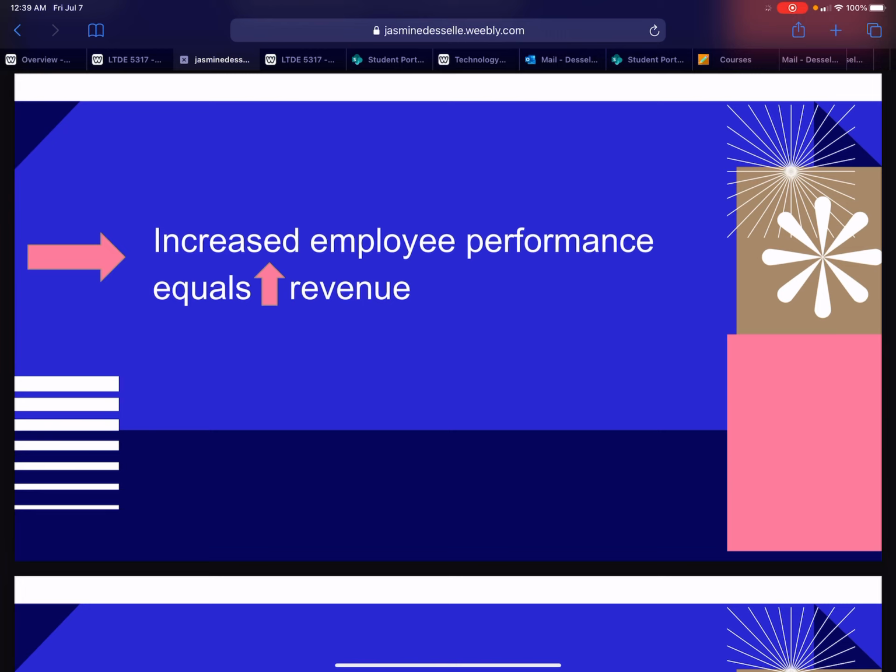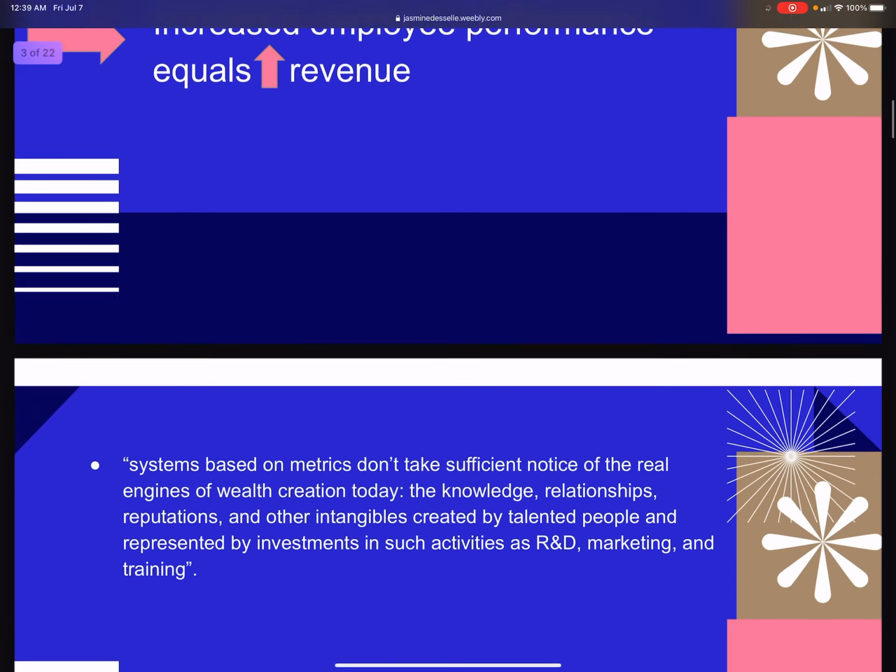Hypothetically speaking, I would present this to a company to persuade them into implementing these two frameworks into their employee training. So my selling point was driving revenue, and that's a direct correlation to increasing employee performance.